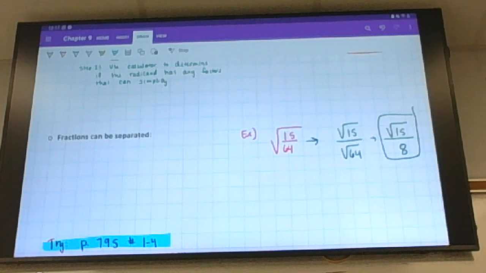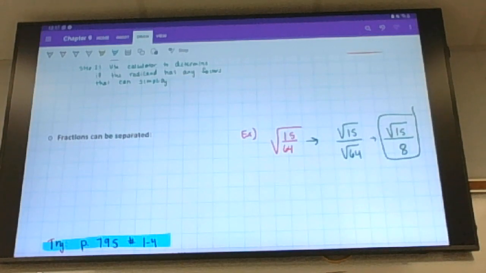Page 795. We're going to do 1 through 4, four more examples. We're just going to do 1 through 4 together, and then you'll be done. No decimals allowed.